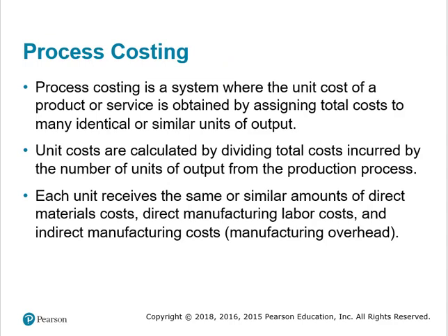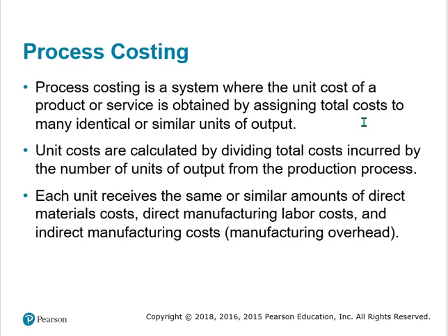Now, process costing is a system where the unit cost of a product or service is obtained by assigning total costs to many identical or similar units of output. They're all the same. Unit costs are calculated by dividing the total cost incurred, so we'll have beginning work in process plus costs added during the period, and we'll divide that by the number of units of output by the production process.